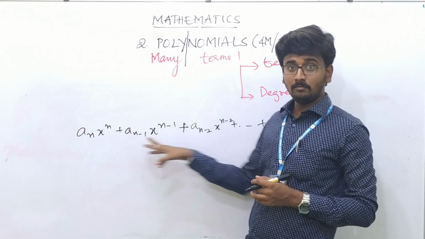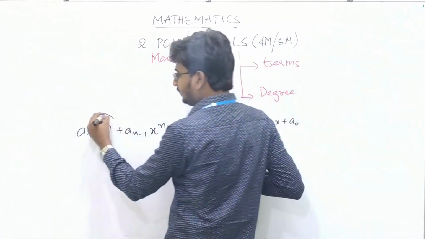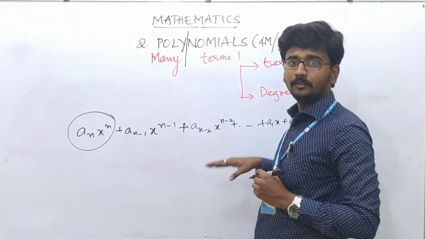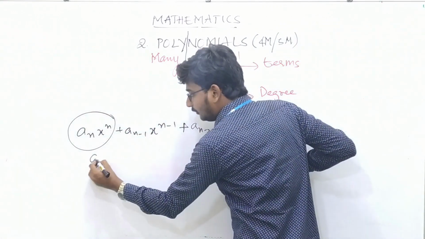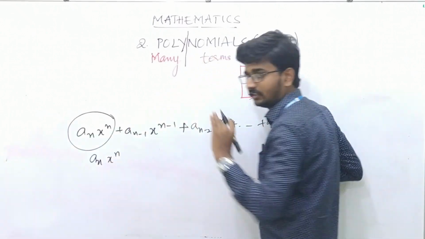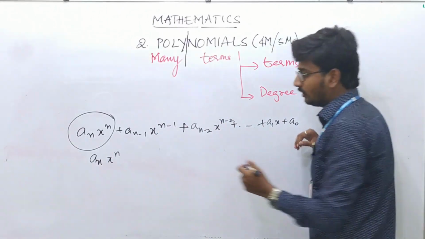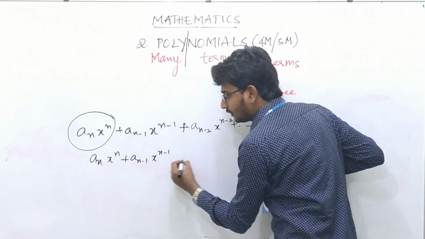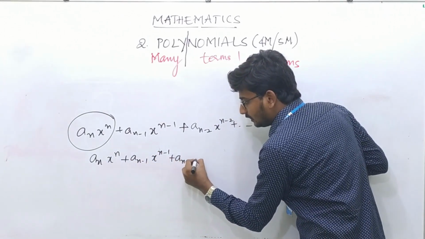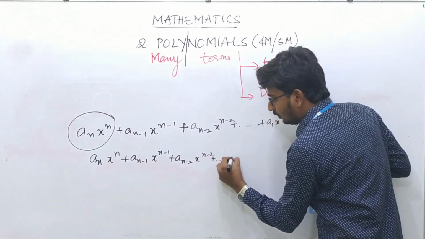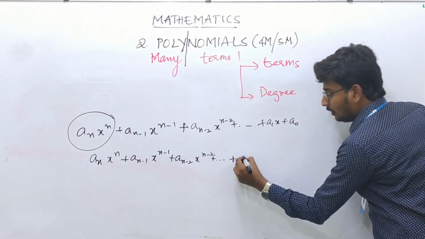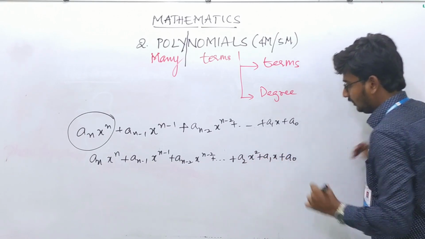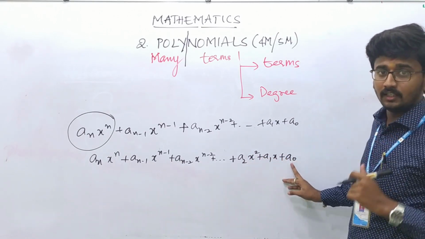The easy way is to remember only a_n x to the power n, then keep on reducing: a_(n-1) x to the power n minus 1, a_(n-2) x to the power n minus 2, and so on up to a_2 x squared, a_1 x plus a_0. Here a_0 is the constant term.